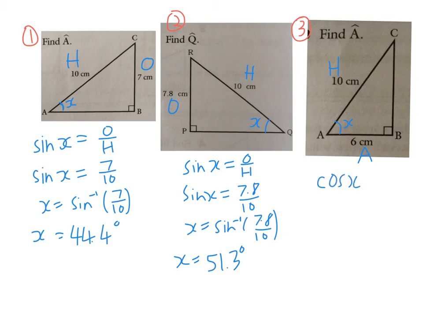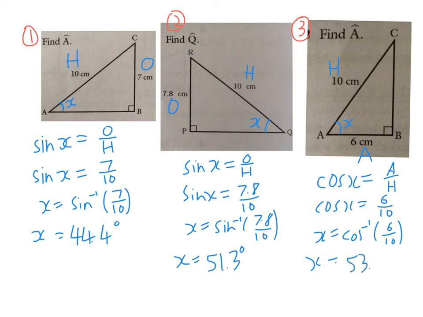The cos function uses A and H. We fill in the information, and then x is the cos inverse of that fraction. And the cos inverse is 53.1 degrees.